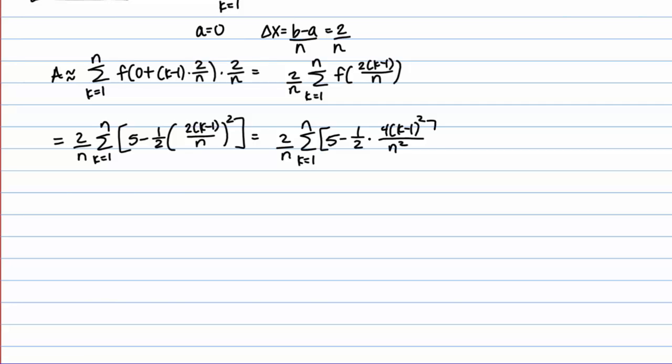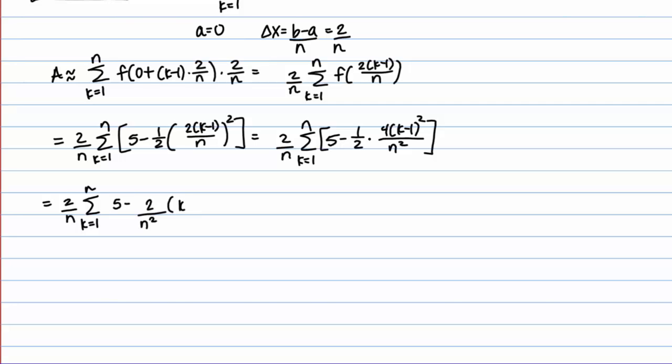Okay, so then we're going to keep working here. Remember, we want to get this down to those basic parts that we can use our summation formulas on. So 5 minus, okay, I've got a 4 over a 2, right? So that's going to simplify to a 2 in the numerator. N squared, and then k minus 1 squared again, so we foiled that before.